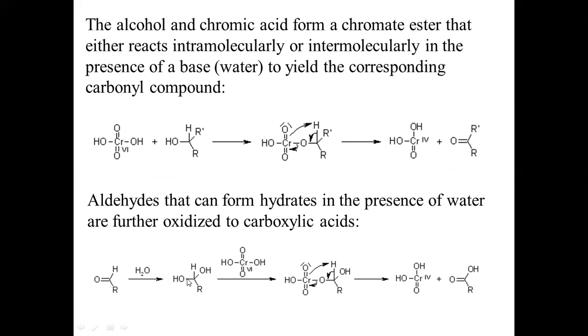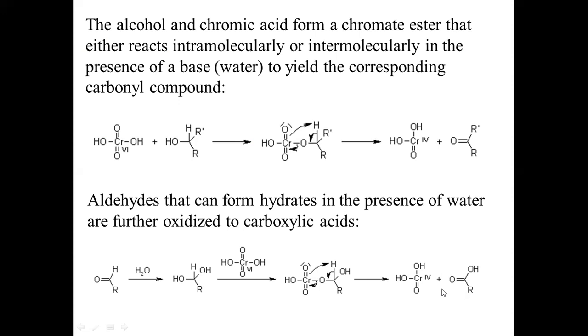Whatever hydrates are formed from the aldehydes, they again undergo dehydration with the chromic acid, followed by the abstraction of proton, and decomposition of this chromate ester results in the formation of carboxylic acids. These are generally called over-oxidation products when you intend to prepare carbonyl compounds from alcohols. If you are getting carboxylic acid, these are called over-oxidation products.